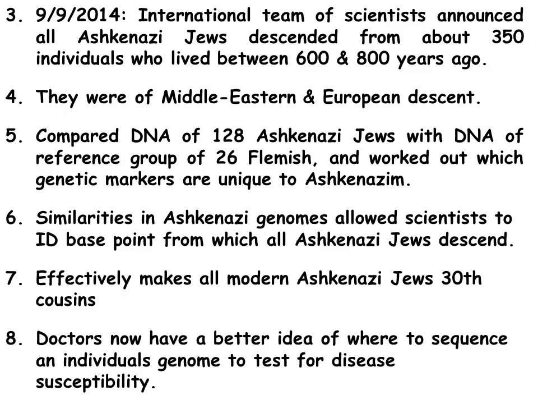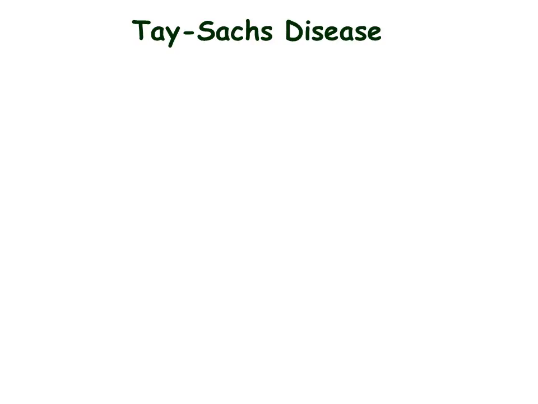Because now doctors have a better idea where to sequence an individual's genome to test for disease susceptibility, because they identified these genetic markers that are unique to the Ashkenazim. What if it's someone who doesn't know their background? We can test for this now. We'll be doing this more and more for different races, and this is what it's going to help us understand.